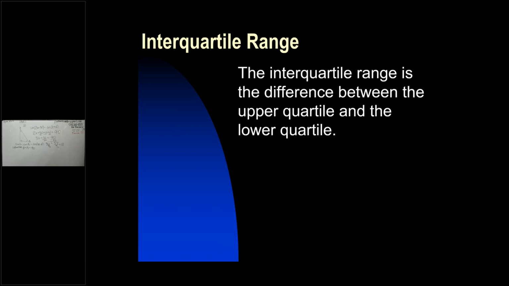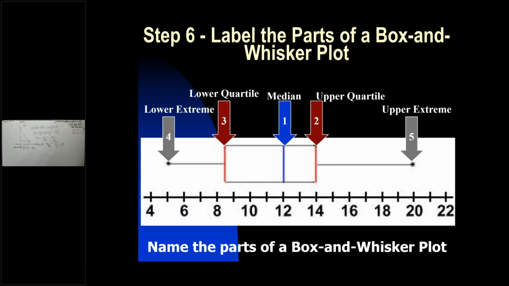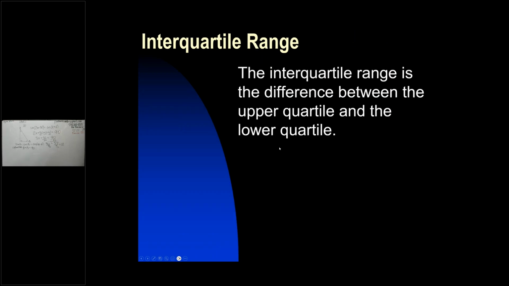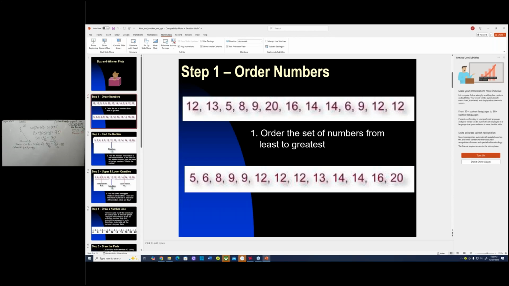Now, what is IQR, the interquartile range? It is the difference between the upper quartile and the lower quartile. Again, if I return to this one, look at this. From the upper quartile, you're supposed to subtract the lower quartile. Exactly what you have in your test. When you subtract, you get 5.5. That's it.